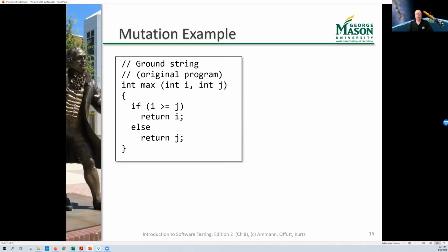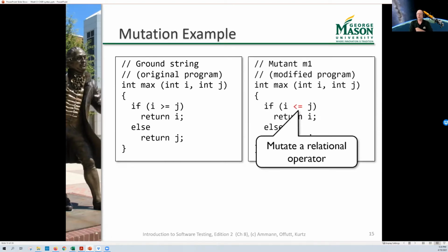So here's our original program. Very simple program, max, pass in 2 integers, it returns the larger of the 2 integers. So I might take this program and I might mutate a relational operator, and I'll change if i is greater than or equal to j to if i is less than or equal to j. Well, I have definitely made a mutation. Can I kill this?